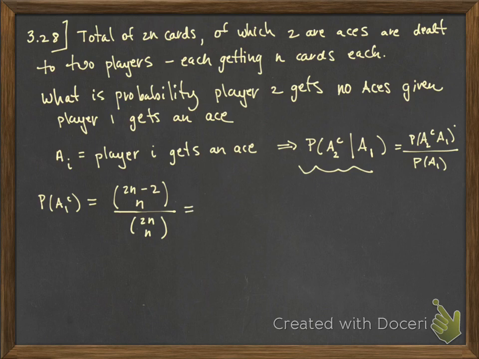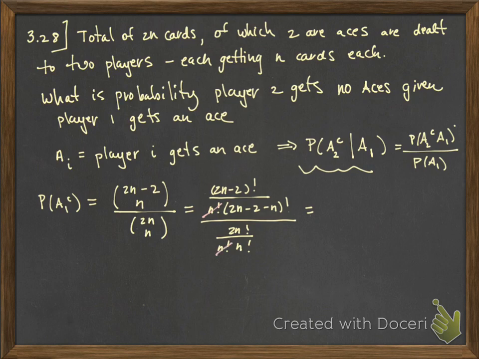Now we've got to do some combinatorial reduction. So this is really (2n minus 2) factorial over n factorial times (2n minus 2 minus n) factorial, over (2n) factorial over n factorial times (2n minus n), so another n factorial. All right, let's try to simplify this. So one, I see right off, that one of those goes away.